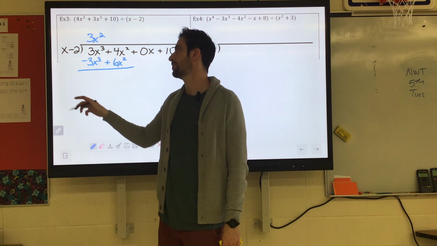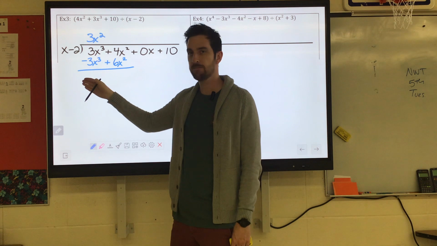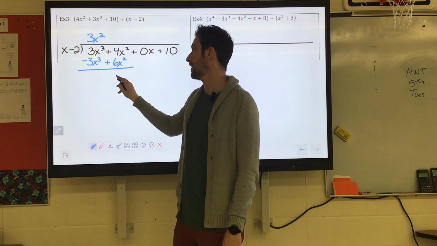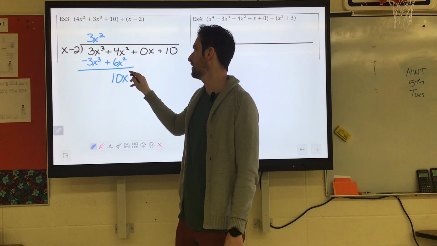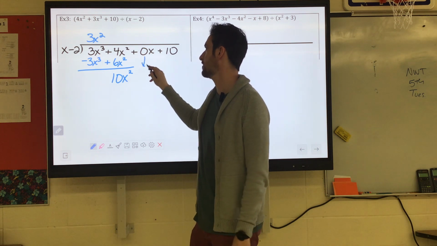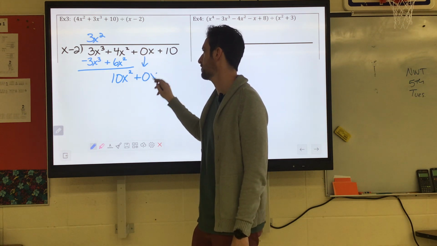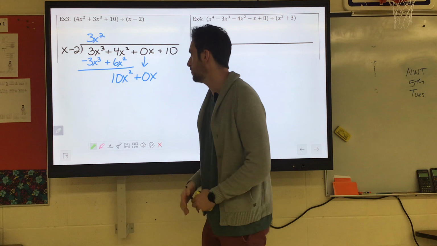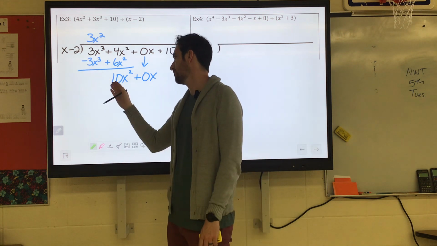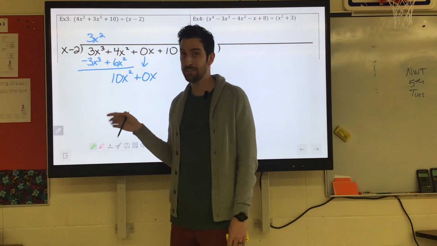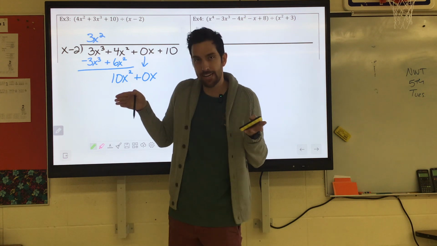Whoa. So these will cancel. 4x squared plus 6x squared is 10x squared. And then we'll bring down our next thing, plus 0x. Cool. X goes into 10x squared. That's x times 10x.